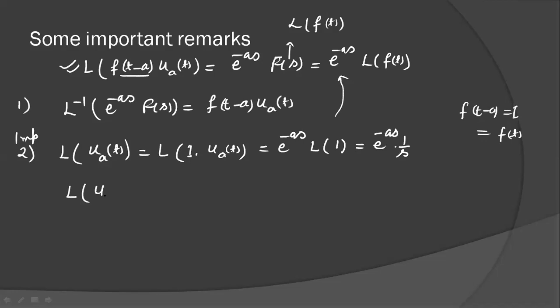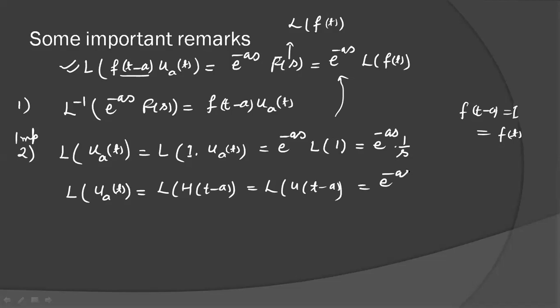It means Laplace of the unit step function or Heaviside function H(t minus a), or Laplace of u(t minus a), same notation, is equal to e to the power minus as over s, if there is a jump discontinuity at t equal to a.